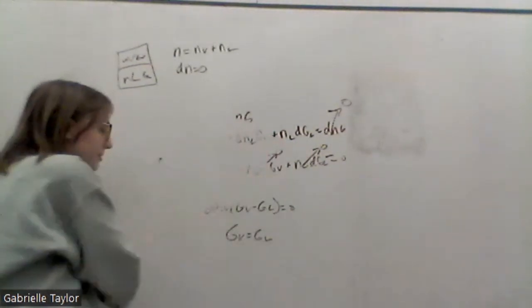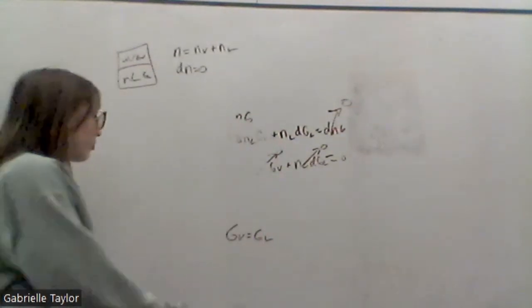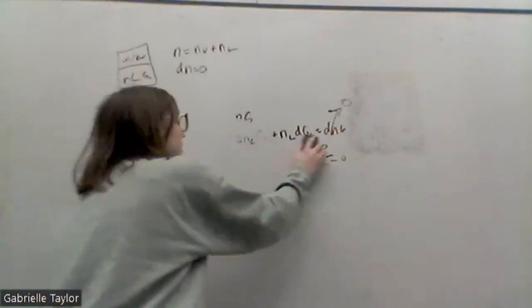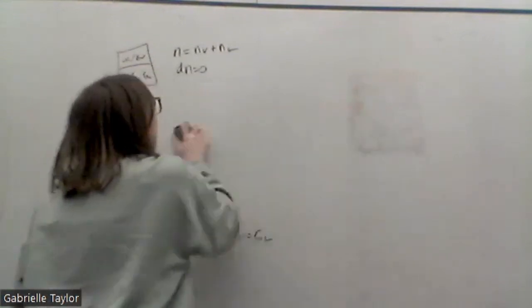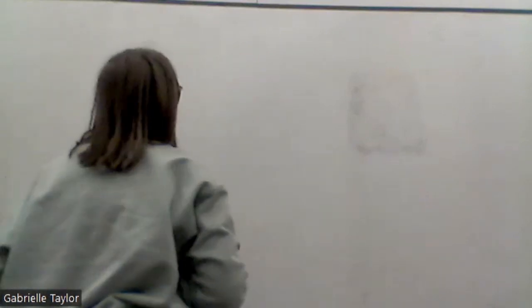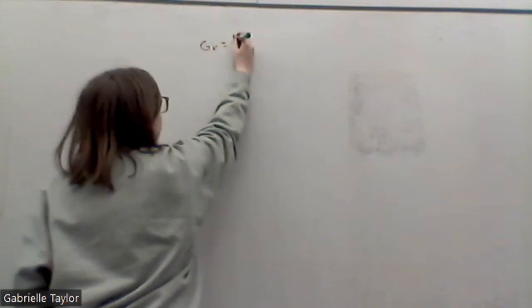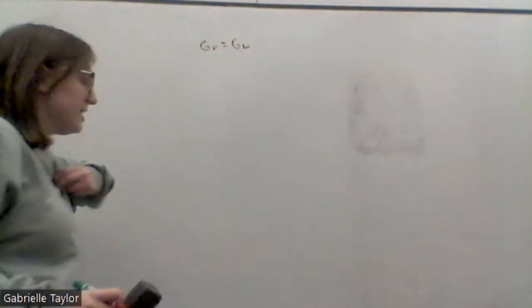And so the next thing that we want to do is define our Clausius-Clapeyron equation. The first thing that we know is that our Gibbs free energy in the liquid equals our Gibbs free energy in the vapor. We also know, let's derive our three equations that we have.